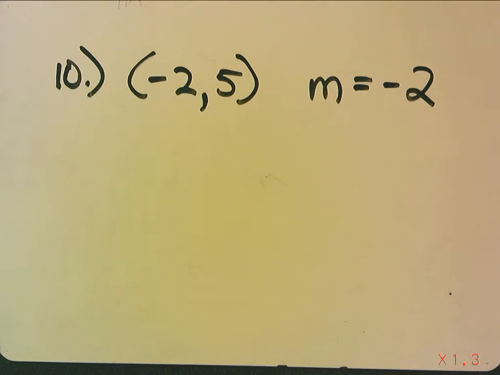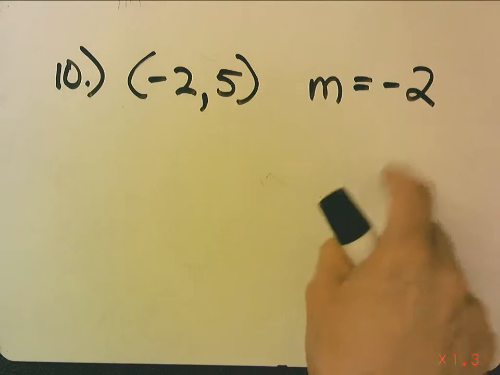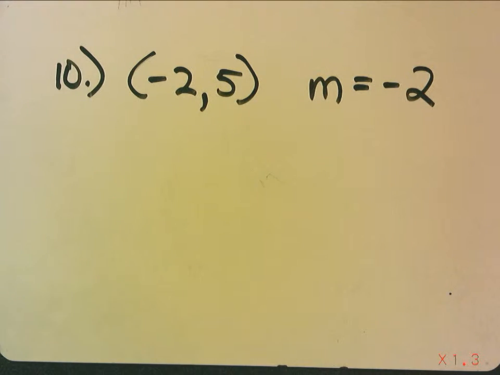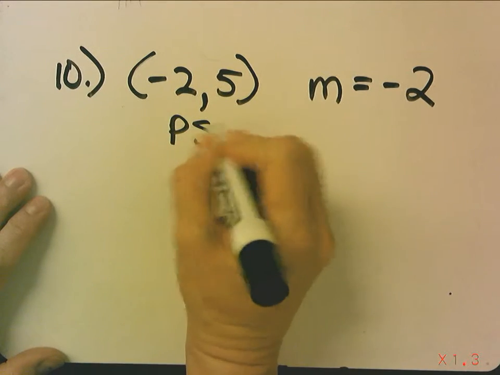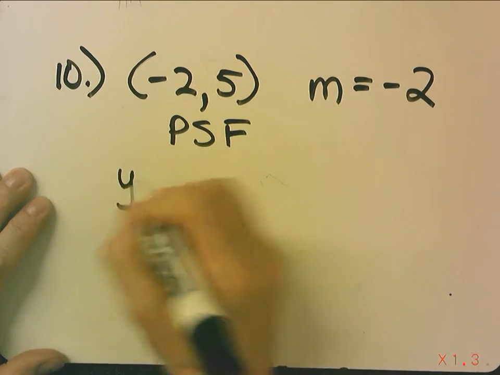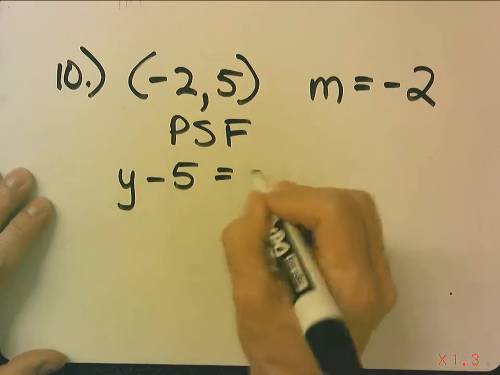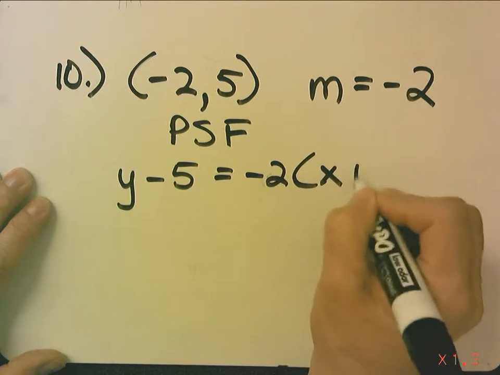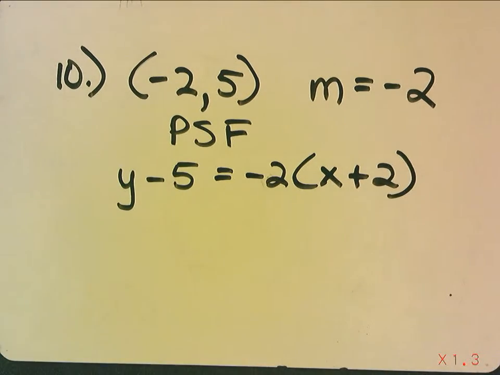So if I try to do y equals mx plus b, I know the m, but how do I find the b? So they're giving me a point and a slope. I go, oh, point, slope, point, slope. I know, I'll use the point slope form.